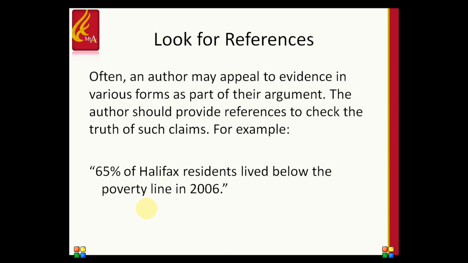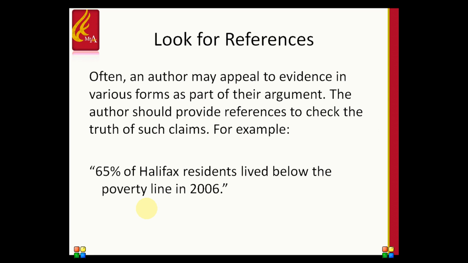All right. Another thing that's really important is to look for references. So if an author makes an appeal to evidence, for example, someone says in a paper that 65% of Halifax residents lived below the poverty line in 2006, well, it's a very specific claim that should be backed up by some kind of data. And a good argument or a good paper is going to actually provide you with the reference for that data.